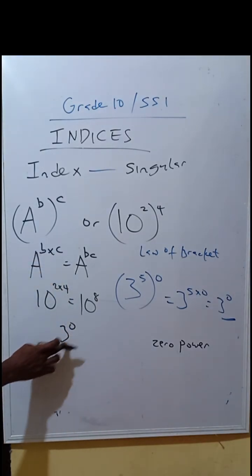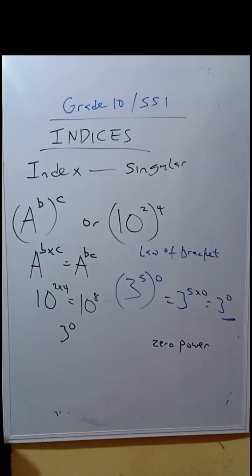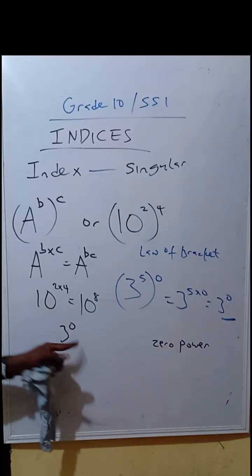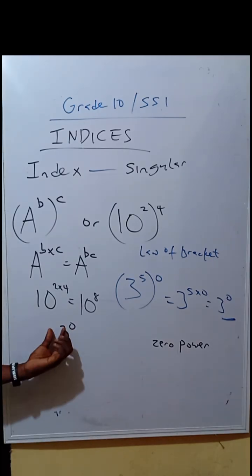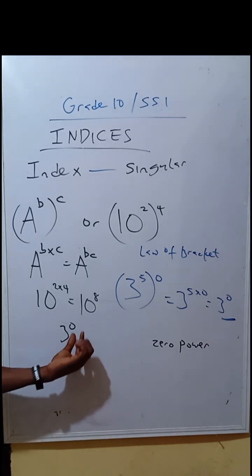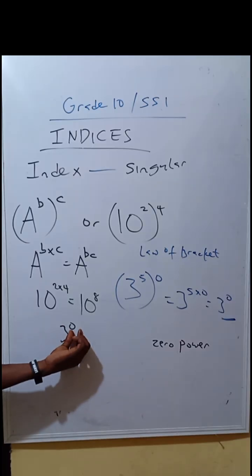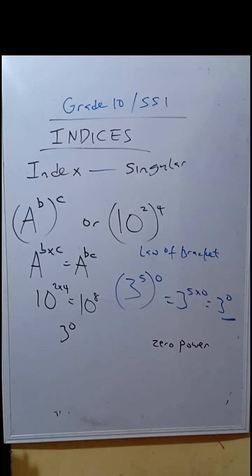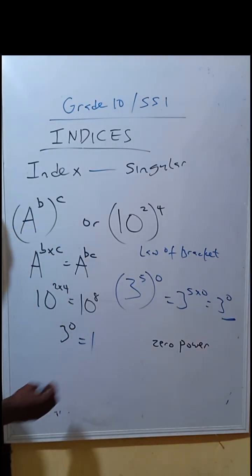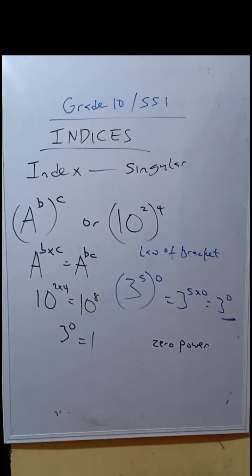Any non-zero number raised to the power 0. If you have a number that is not 0, that's the base, but the exponent is 0, it is 1. The solution is 1. That's what this law is saying.